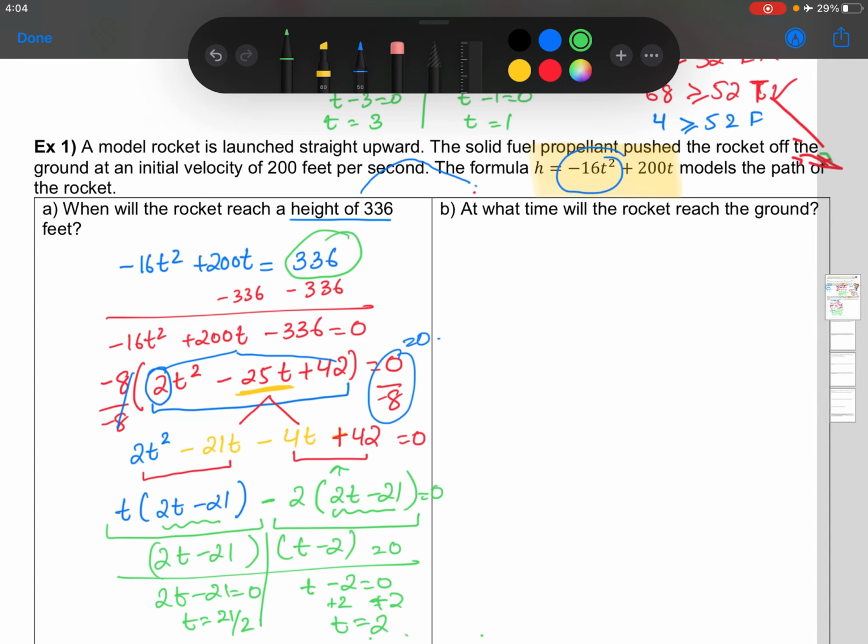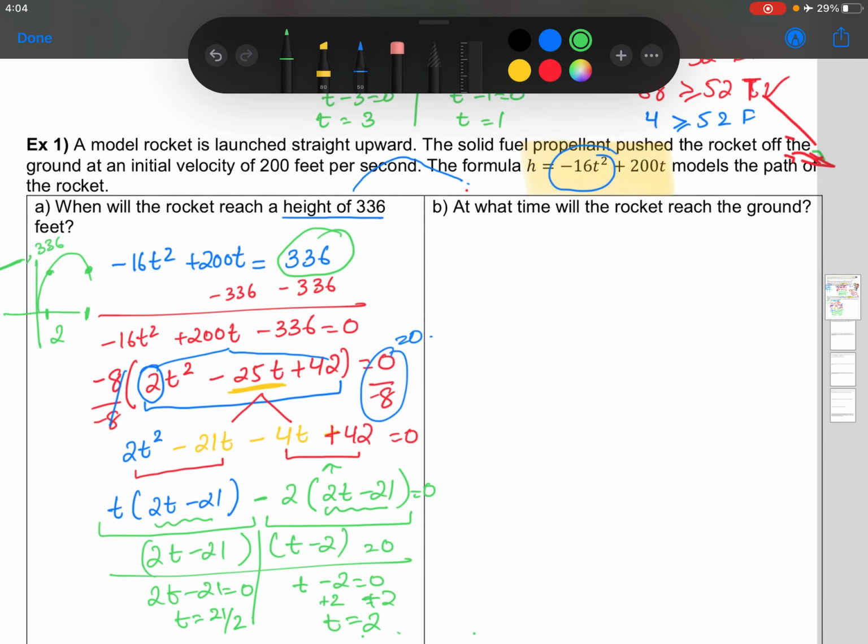And kind of think about it. If I had a rocket and it just went up, right? There could be 2 points where the height is 336. Your y coordinate is 336. I wanted to find my corresponding x coordinate. So at 2 seconds, and 21 over 2 is 10.5 seconds. So those are the 2 times when your height could be exactly 336.